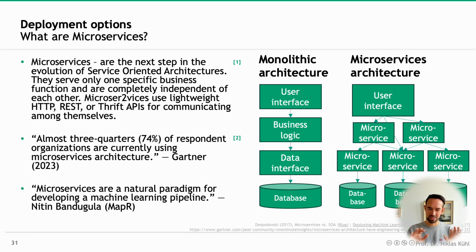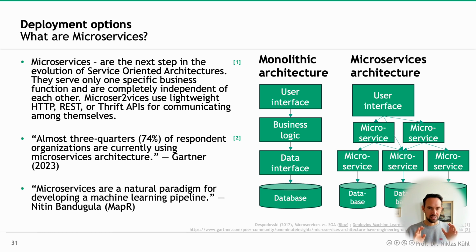And also is completely independent of the other one. So there were some still monolithic concepts attributed to the old logic of services, but now a microservice is really an encapsulated single specific business function. They use a bunch of standardized interfaces like HTTP, REST, or so on.